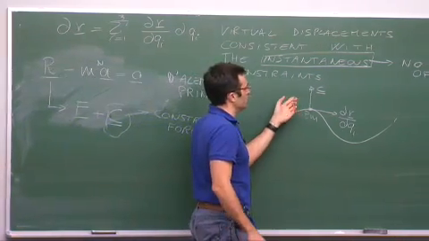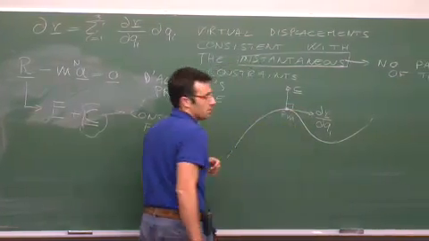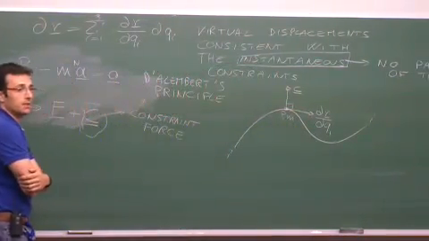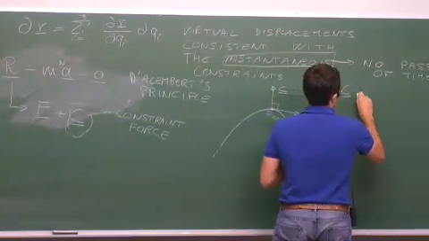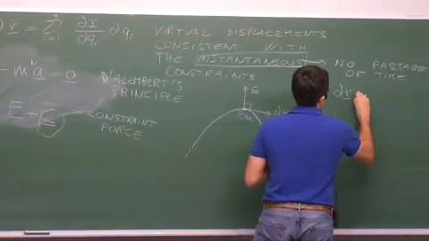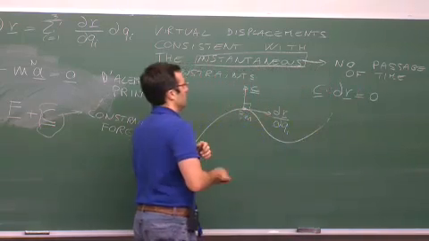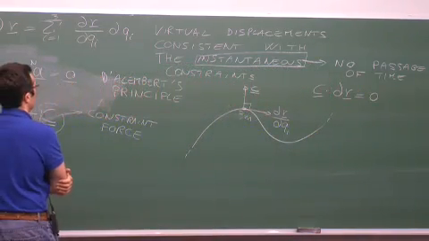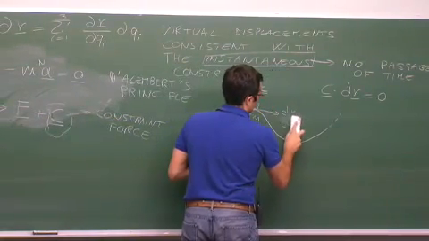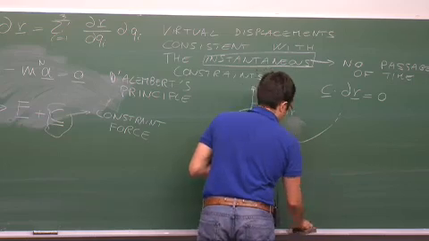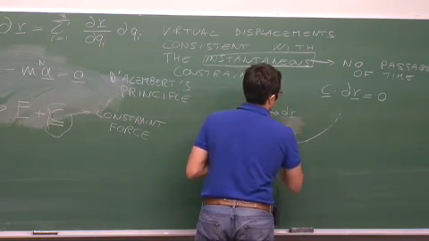And so the dot product between these two needs to be 0 if I'm looking at the instantaneous constraint, right? So I can actually write C dotted with dr needs to be 0. Let's just call it dr.